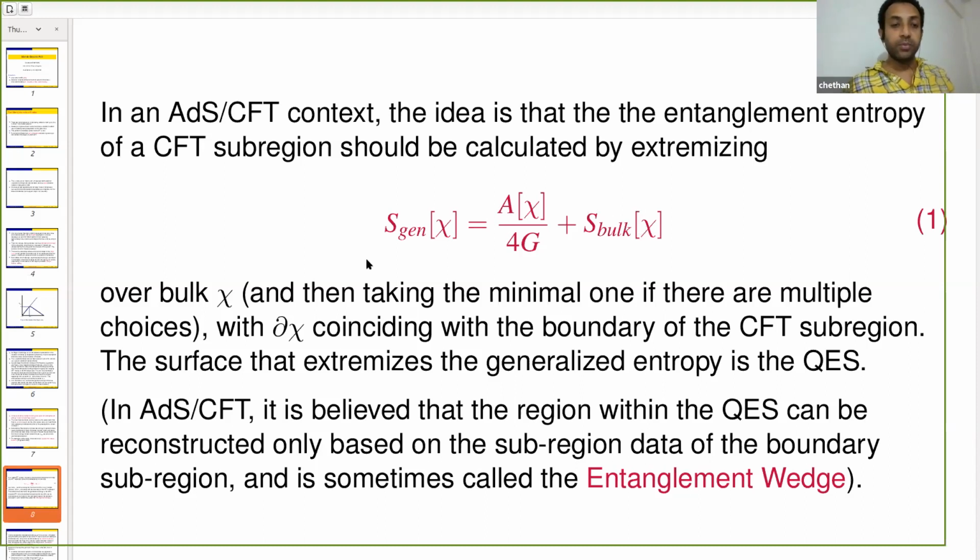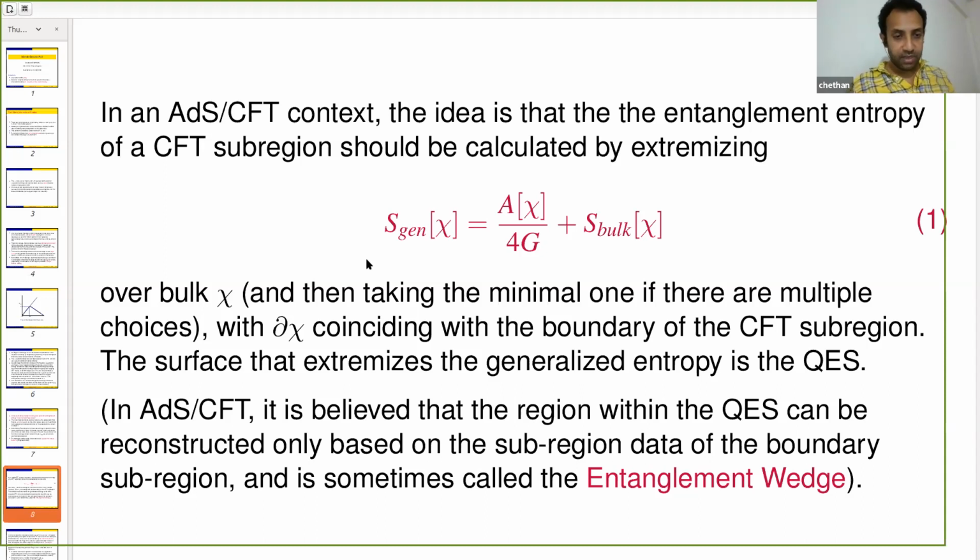So the prescription is that one has to extremize this quantity, and the surface chi that extremizes it is called the quantum extremal surface, and the corresponding entropy is the correct entropy that one should associate to the black hole.